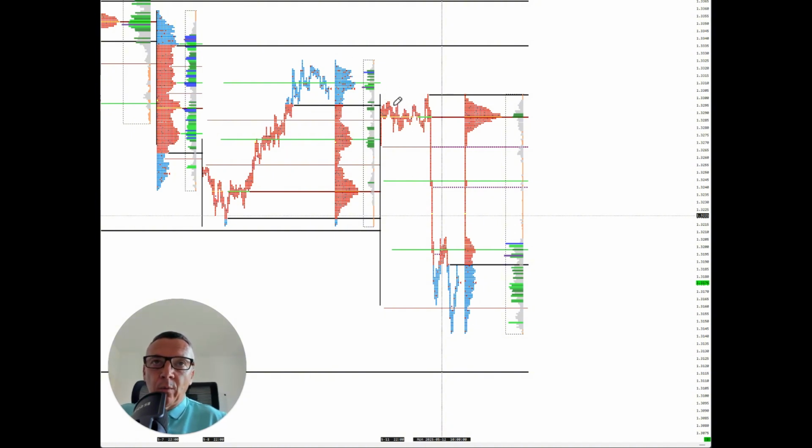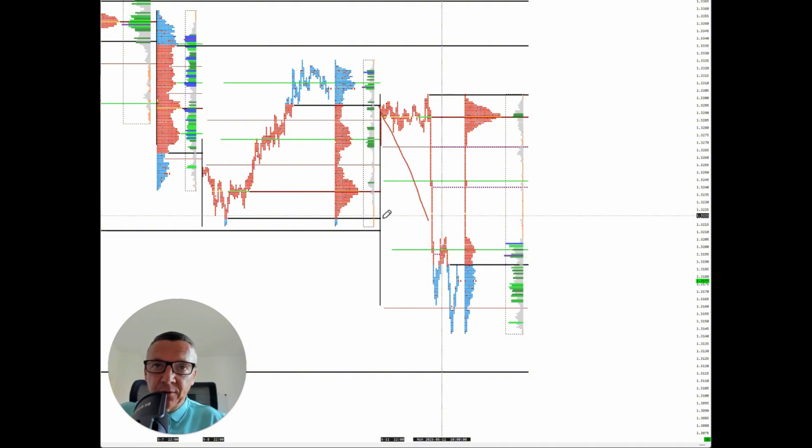When the following day opens up inside a previous daily profile, this is Friday, and this is Monday, when price opens up inside a previous day's profile, we've got the value area high here, the expectation is to go to the other side of value.